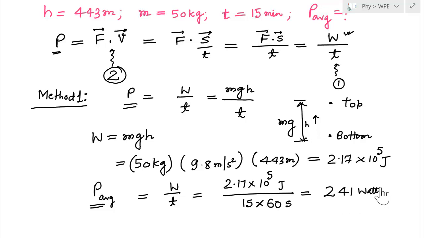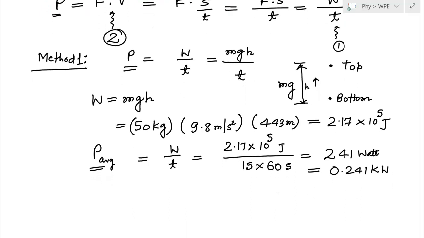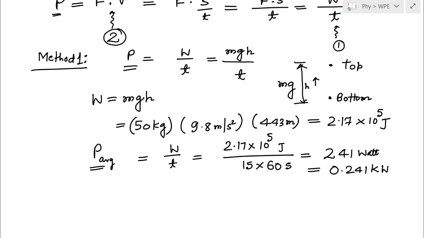You can also express your answer in terms of kilowatt, that is 0.241 kilowatt. Finally, you can also express your answer in horsepower. So if you remember, 1 horsepower is equal to 746 watt.